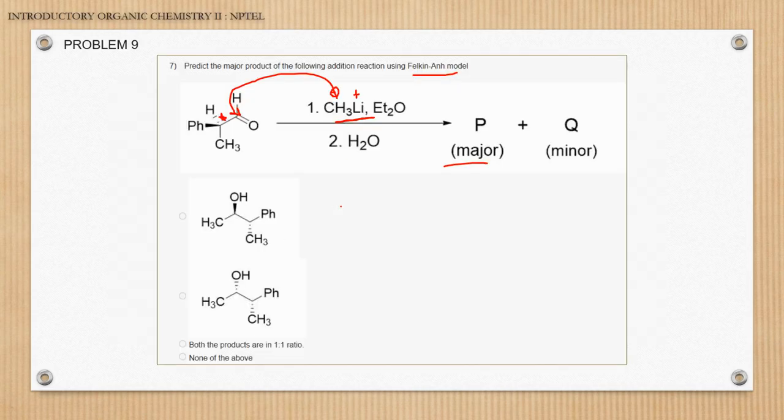You have three substituents. This is hydrogen, the small substituent. This is the large substituent, and this is the medium substituent. Hydrogen is small, phenyl is large, and methyl is medium. So you first classify the alpha substituents as small, medium, and large groups.